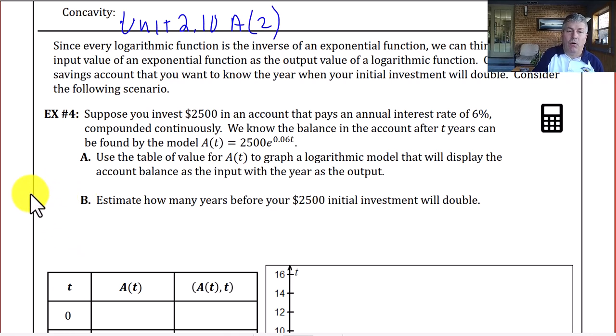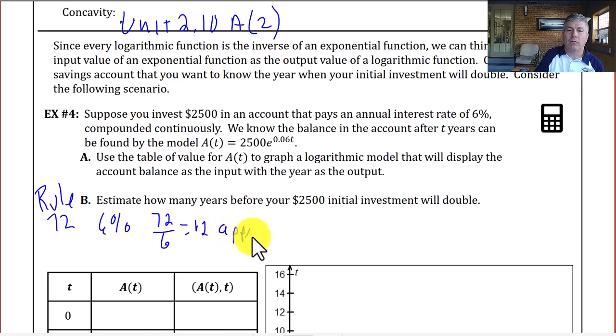Honestly, with what you know about B, we could do the rule of 72, and since we're getting 6%, 72 divided by 6 is 12. So we already know that this is going to be approximately 12 years. We'll use our data and our tables to find a better answer, but we already have a sense of what that's going to be.